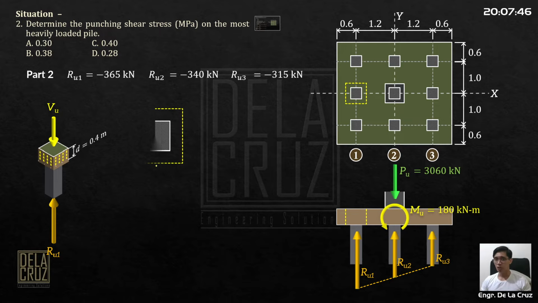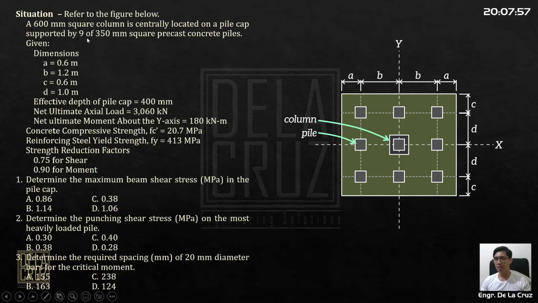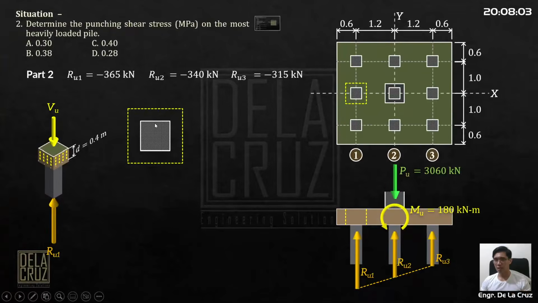Okay? So, kung titingnan natin yung ating section, the pile is at 350 mm, by the way, no? Binigay ito sa problem. The pile is 350 mm squared. Effective depth is 400 mm. So if this is 350 mm or 0.35 meters squared, this is d over 2. d over 2 then on the other side.